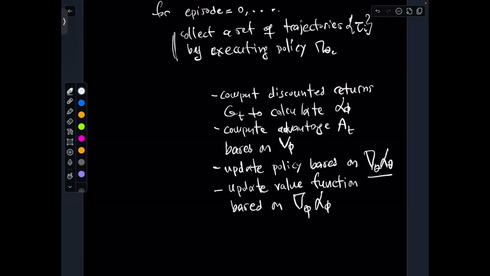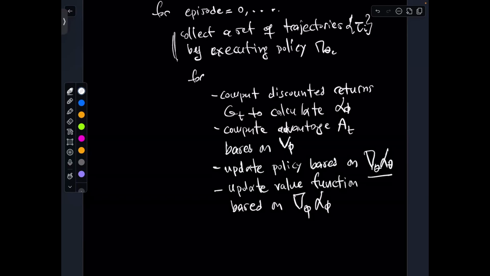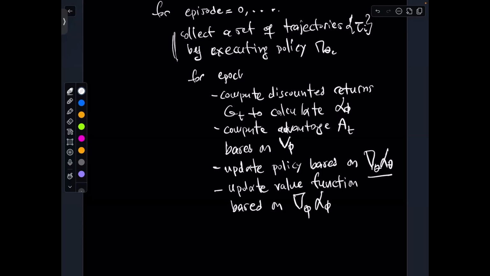So in the space that I left over here, we have reusing these trajectories. With this change, we will be able to reuse the trajectories and do these computations over multiple epochs, reusing the training data in a very similar way as we have been doing in supervised learning.